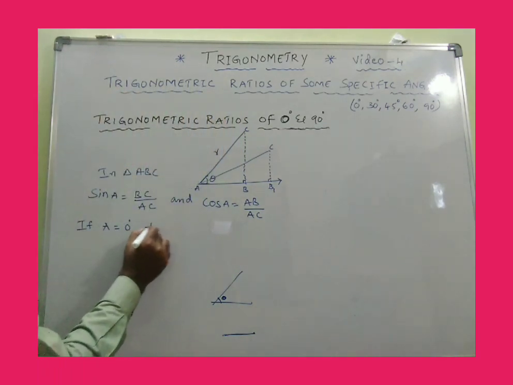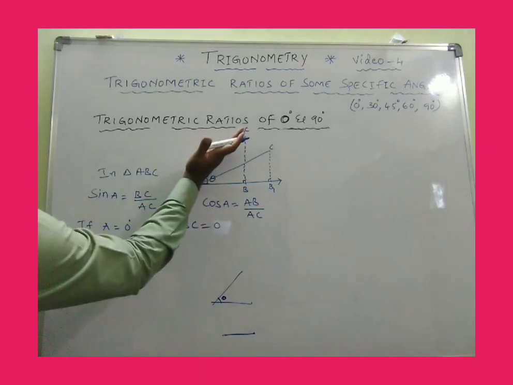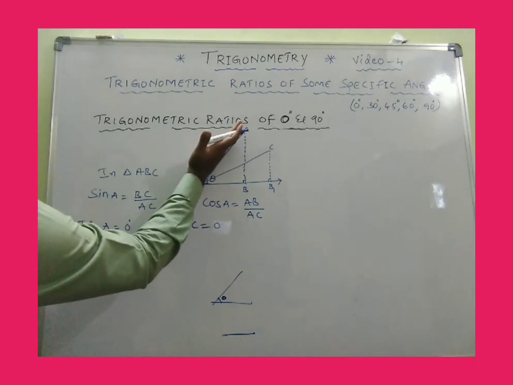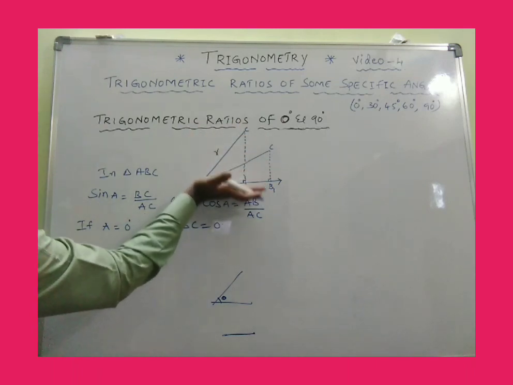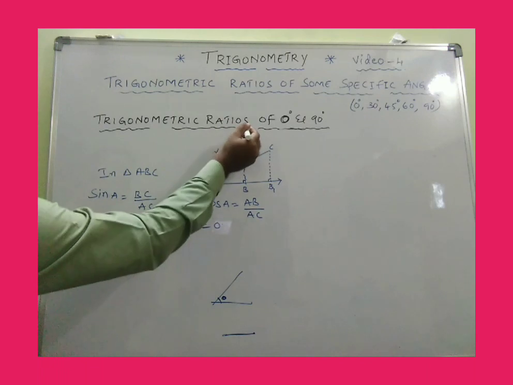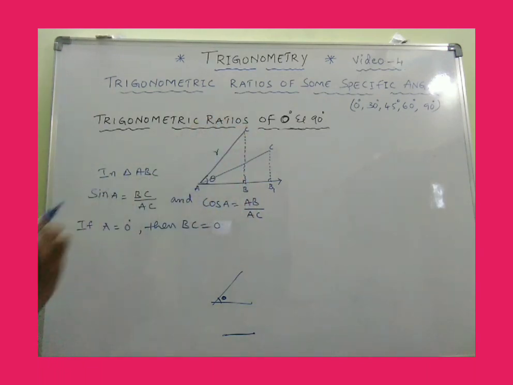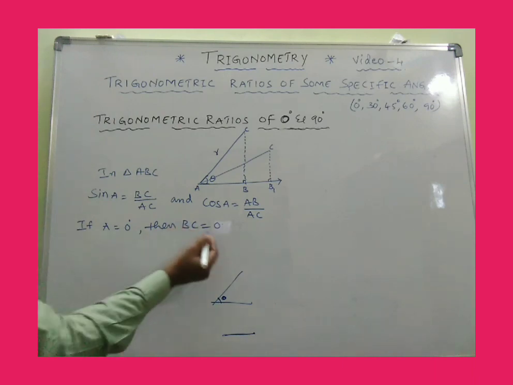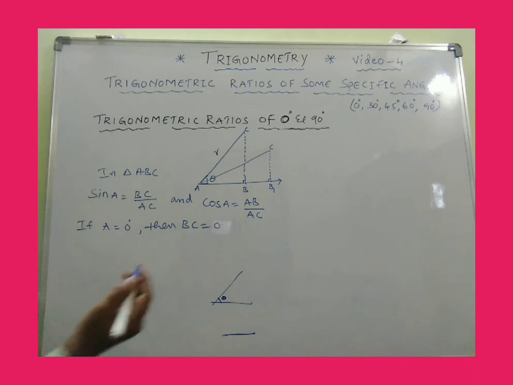Do you understand? Then what happens? Length BC is 0, isn't it? When the angle is 0, it won't stay here. It coincides and falls on AB. Then there are no two rays, and C also coincides with B. Then the distance BC is 0. And if BC is 0, what happens?